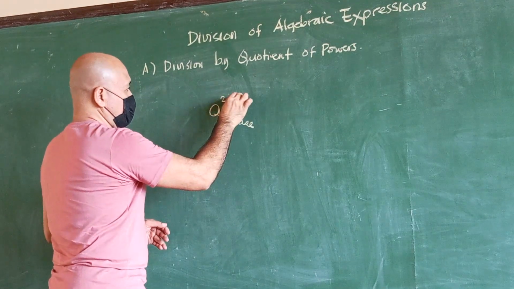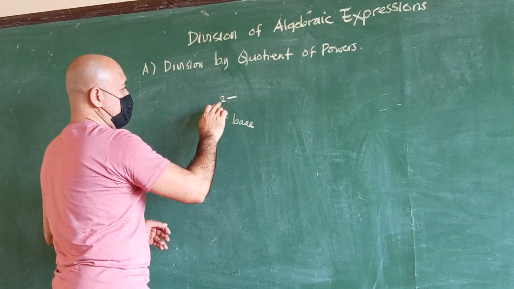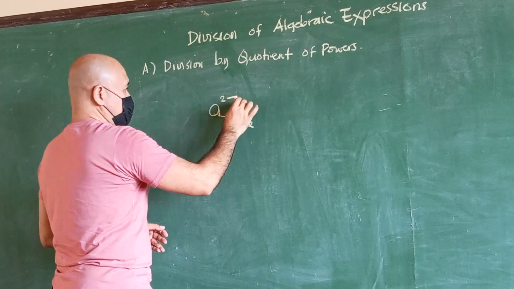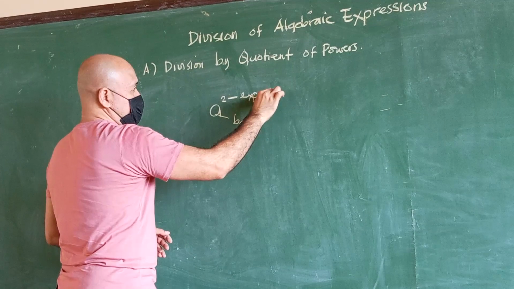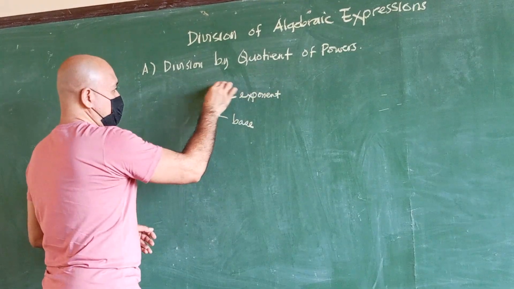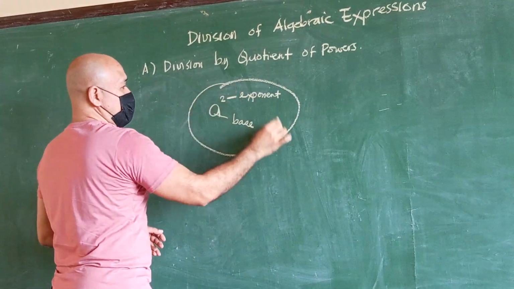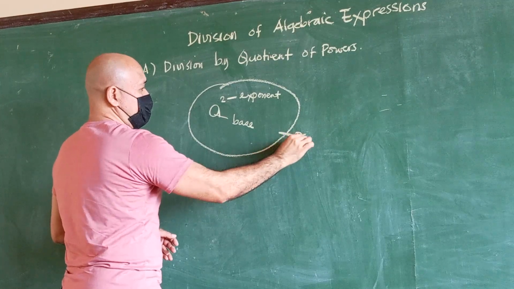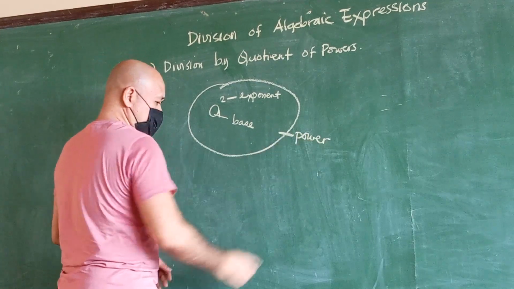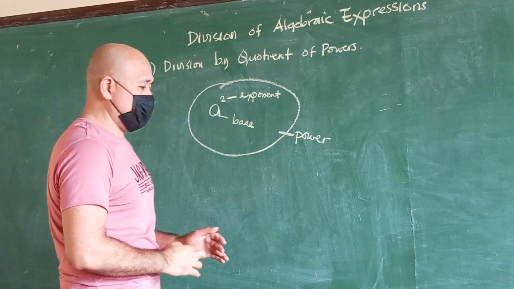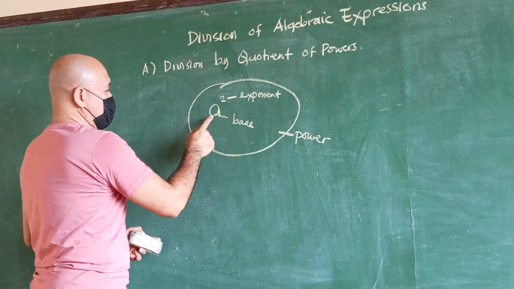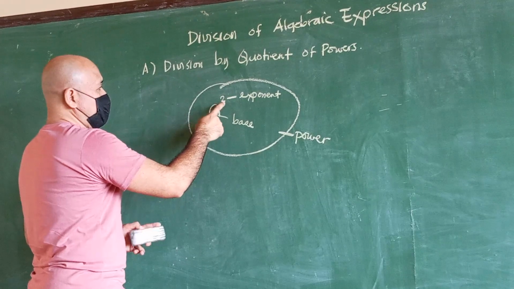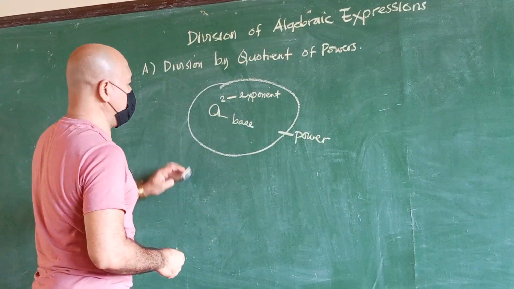And this small number written at the upper right hand, we call this the exponent. The whole expression is called power. Okay, so now you have your idea once again of what we mean by power. That is why sometimes we read this one as a raised to the power of 2 or a squared.